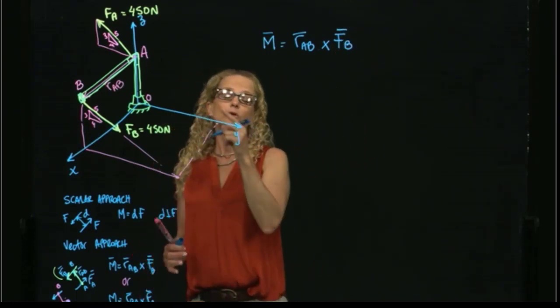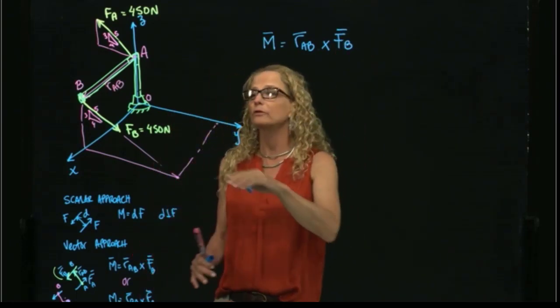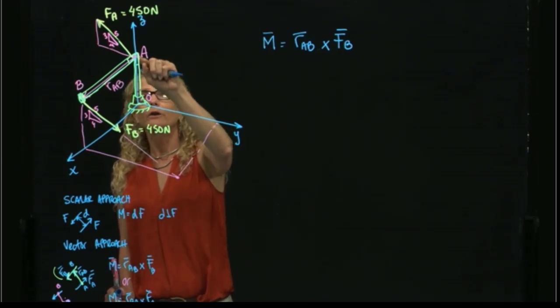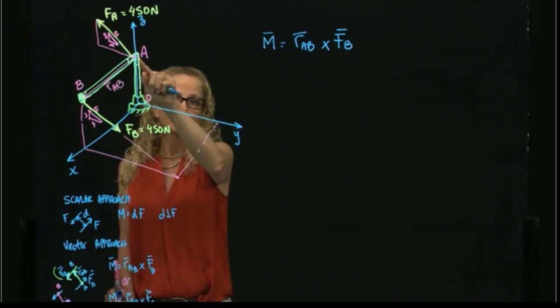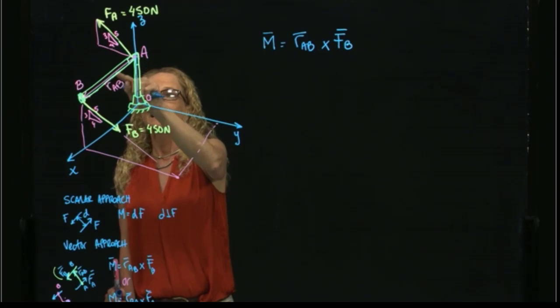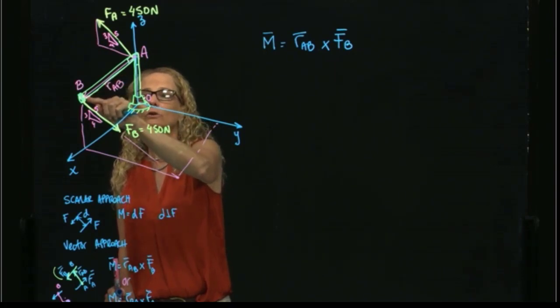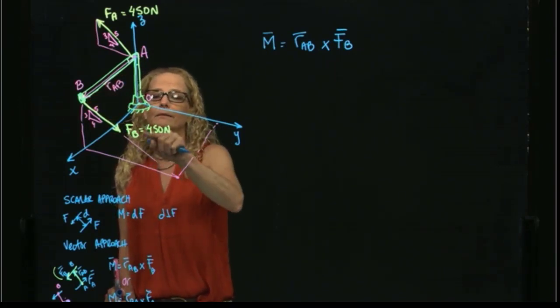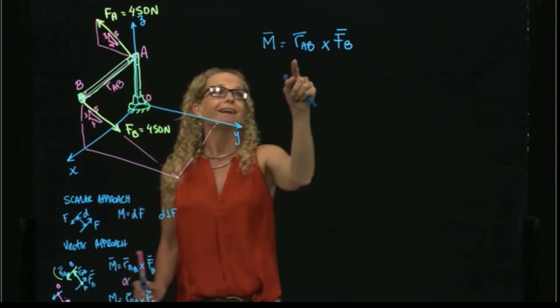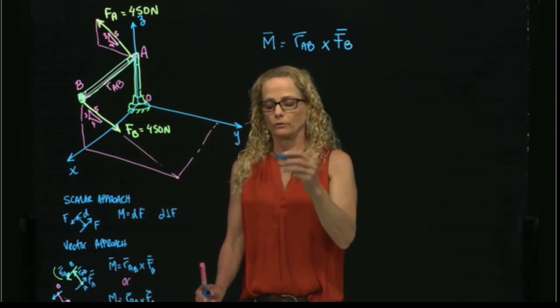As I said, we could do the opposite, which we will do after, but I will take my origin at one of the forces, in this case A, take the distance, which is a vector, and multiply by this force over here. Therefore, I need those two vectors.